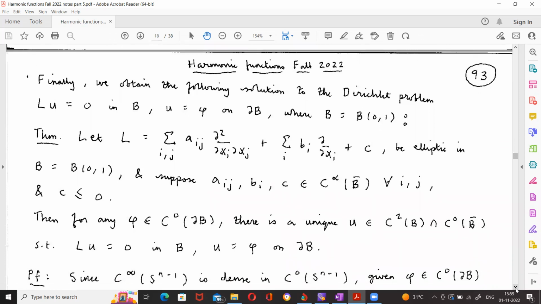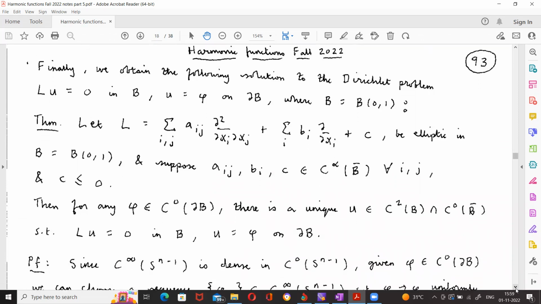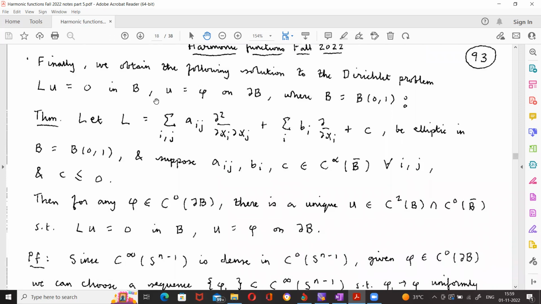And I think we have 4 minutes. It should be enough to give the main theorem, which is a solution to the Dirichlet problem: Lu equal to 0 in the ball and u equal to phi on the boundary of the ball. This is the homogeneous Dirichlet problem, right? You want an L-harmonic function with given boundary values phi.